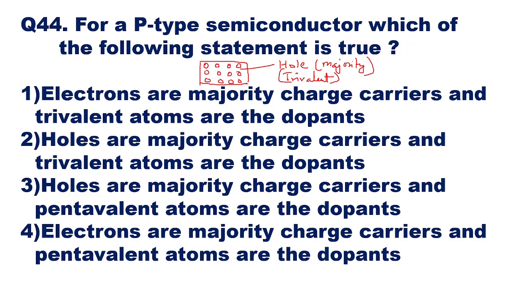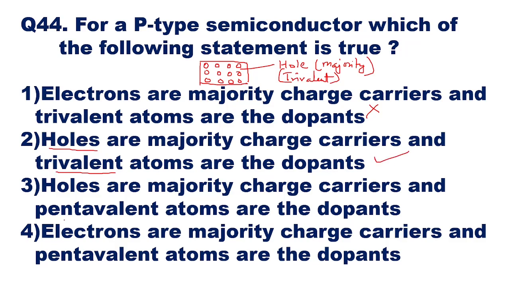For a p-type semiconductor, which of the following statements is true? Option 1 says electrons are majority charge carriers and trivalent atoms are the dopants. Electrons are not majority charge carriers, holes are majority charge carriers, so this option is wrong. The second option says that holes are majority charge carriers and trivalent atoms are the dopants. So this is correct, option 2 is correct.